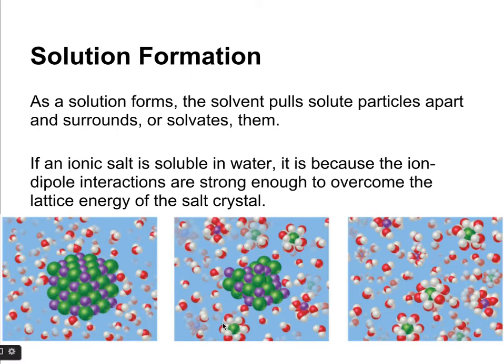If you look at the picture, it's kind of hard to see on this one, but the positive end of the water molecule would be attaching to the negative chloride ions, and the negative end of the water molecule, the oxygen end, would be attracted to the positive sodium ions. So each ion is going to get surrounded by water molecules and pulled apart from the main body of the solid. That's the solvation process.